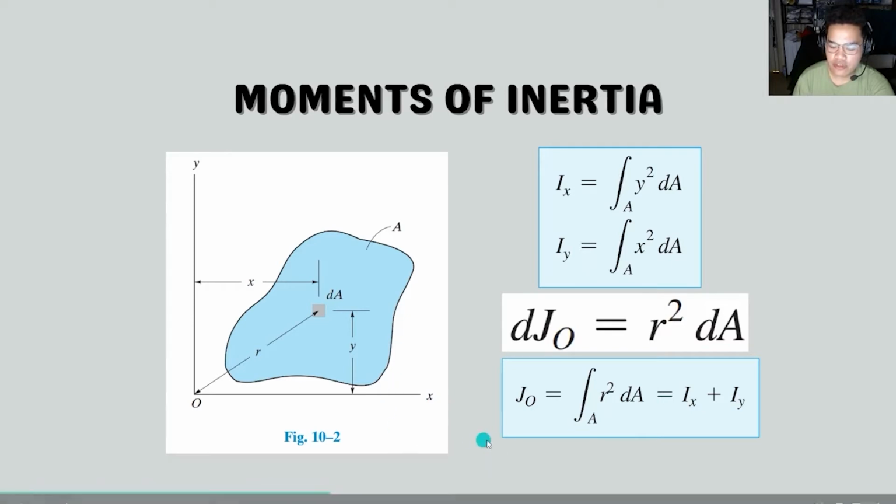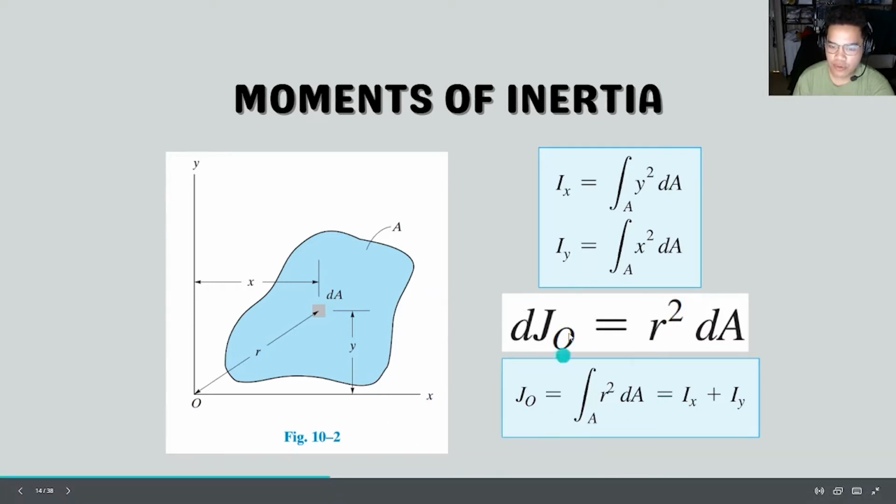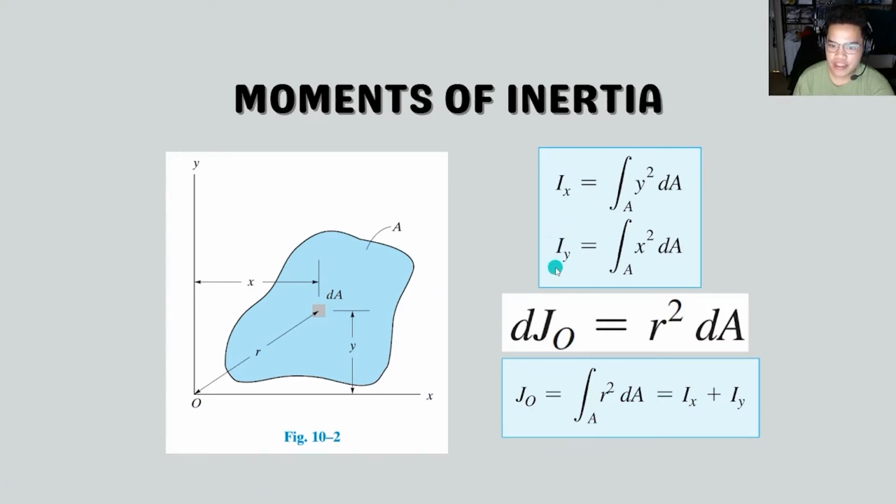So this relation between J sub O, I sub x, and I sub y is possible, since r squared is equal to x squared plus y squared. From the formulations that are given, we can see that I sub x, I sub y, and J sub O will always be positive, since they involve the product of distance squared and area.